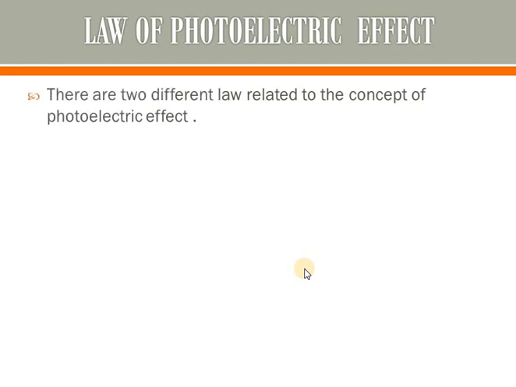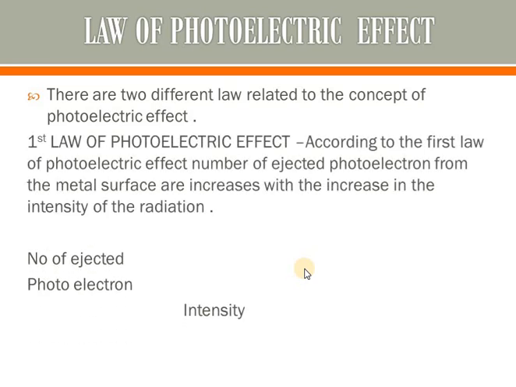Then we will discuss the two different laws related to the concept of the photoelectric effect. According to the first law of the photoelectric effect, the number of ejected electrons from the metal surface increases with the increase in the intensity of radiations.